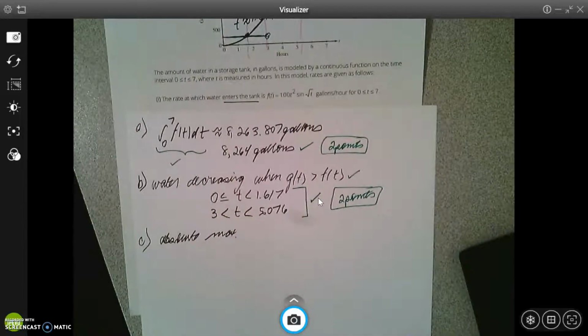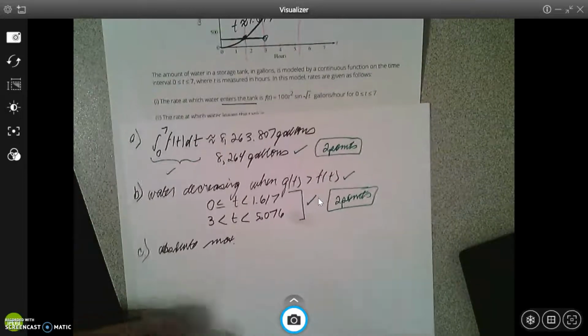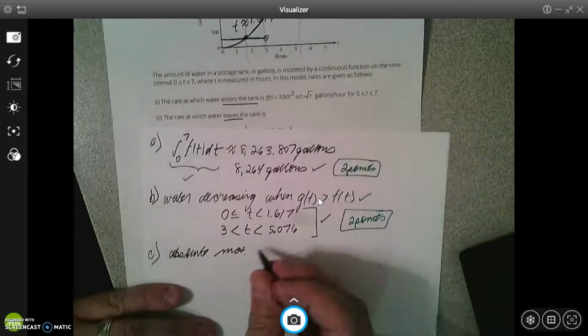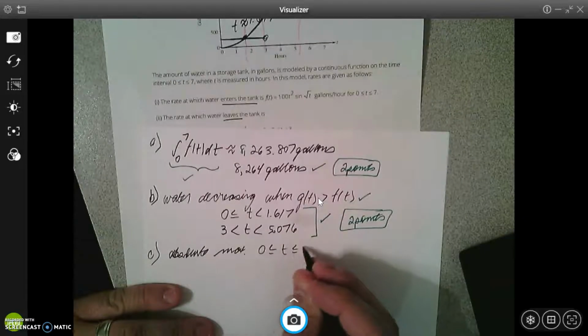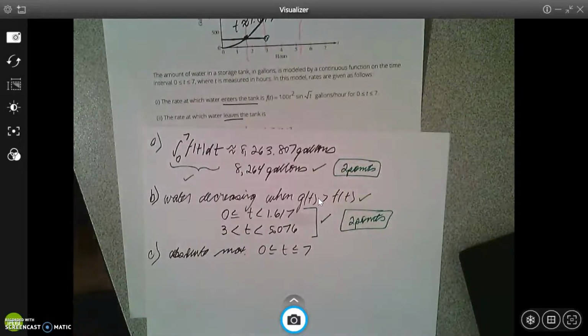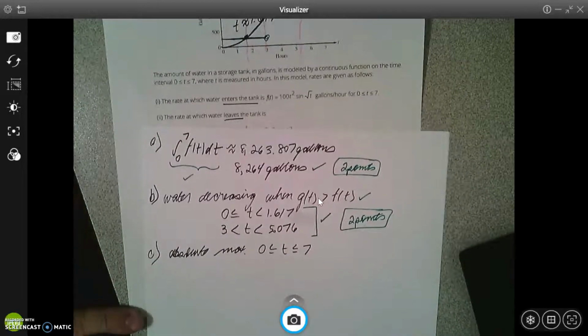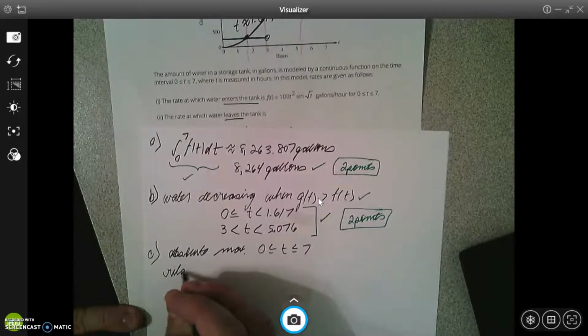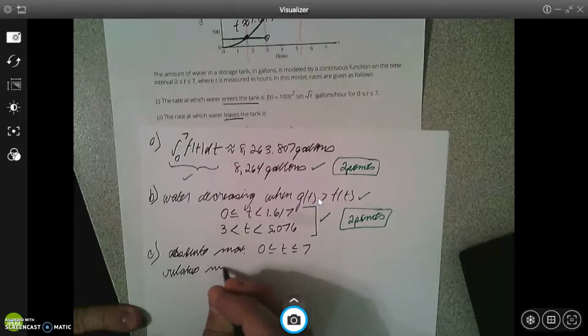Well, first of all, we're looking for an absolute max on the time interval 0 less than or equal to t less than or equal to 7. Normally when we do this in class, the first thing that we do is we look for any relative maxima.